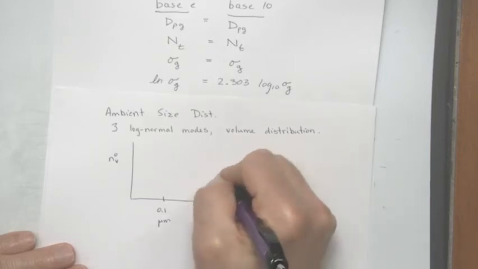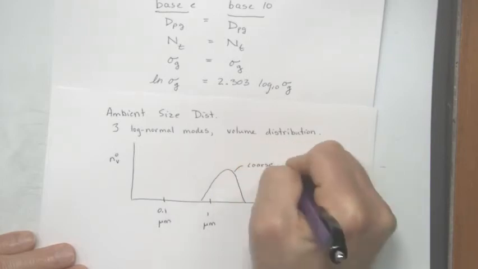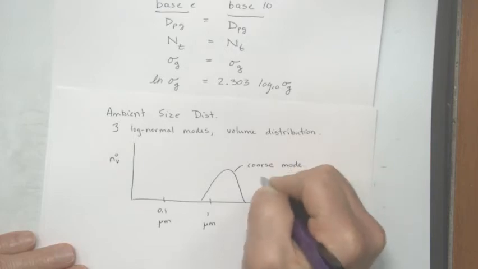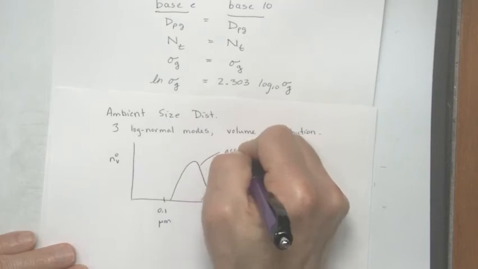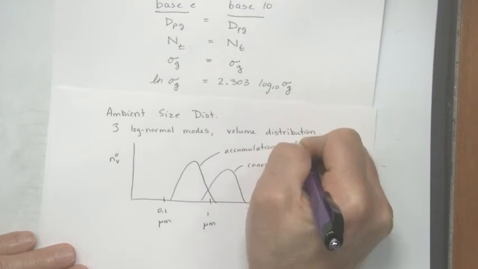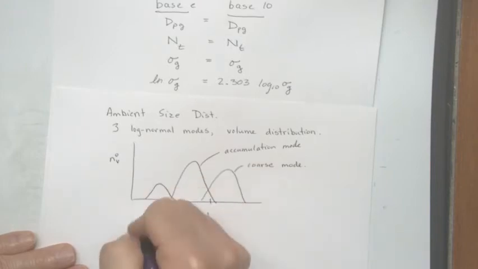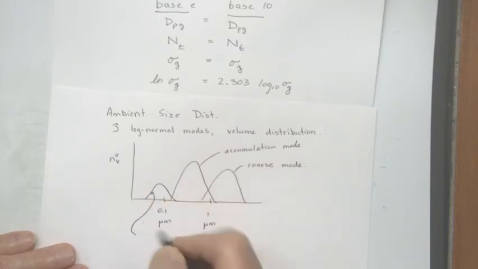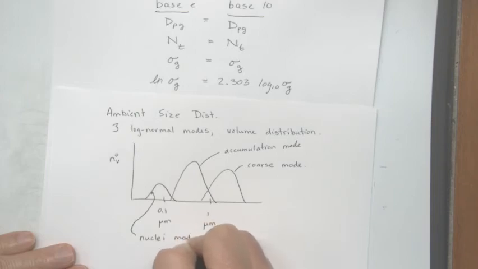and these get divided into 3 modes. One that we call the coarse mode, one that's called the accumulation mode, and then it depends on what text or paper you're looking at and how small, but there's a nuclei mode or an Aitken mode.